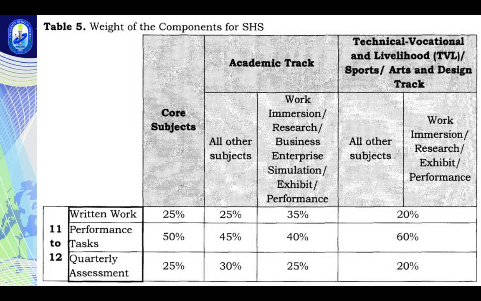So, ito po yung, sa table number 5, ito po yung weight of components for senior high school students. So, bumabasa rin po dito yung academic track na kinuha nila, and yung TVL po, which is technology and livelihood, and sports, arts, and design track.